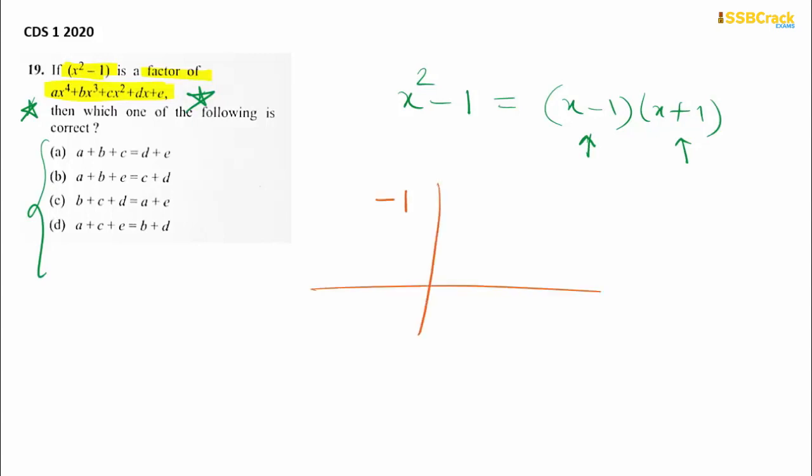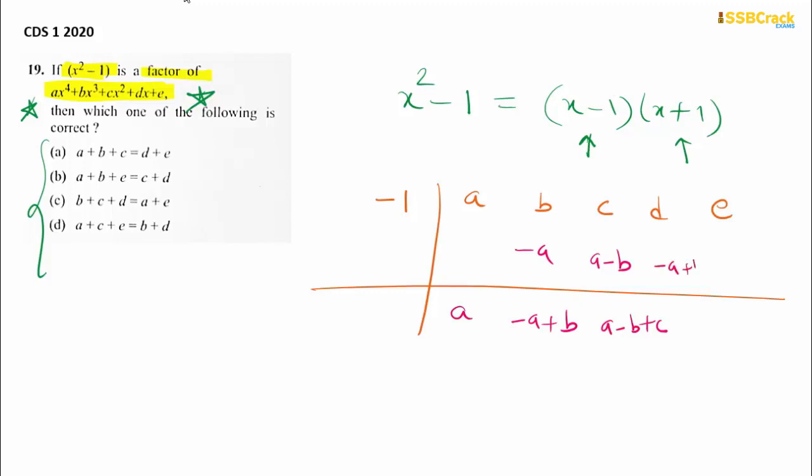See, if I start with -1 division for the coefficients, so given for the biquadratic A, B, C, D and E, right, this division follows as keeping A as it is, then -1 into A is minus A, then this is minus A plus B, multiply by -1 you get A minus B, which would result in A minus B plus C, then again multiply by -1 which would give -1 into A minus B plus C, जो कि D के साथ add होगा, and then you get the result there: minus A plus B minus C plus D.